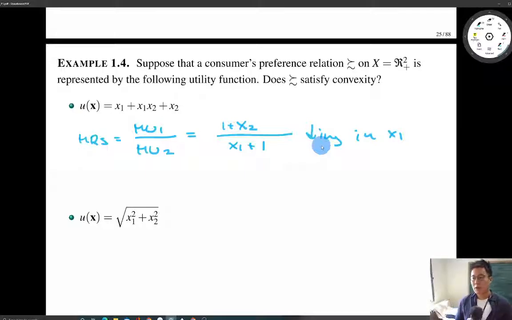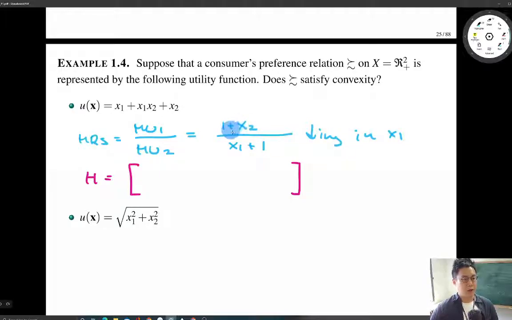Okay, so another way to verify convexity is to compute the Hessian matrix. So the Hessian matrix H is going to be, now we take the partial twice with respect to 1. Okay, so we take the partial here, 1 plus x2, so that is equal to 0, right? Now we take this function MU1 and take the partial derivative with respect to x2, and it gives us 1. And by Young's theorem we know the two cross partial derivatives are equal to each other.